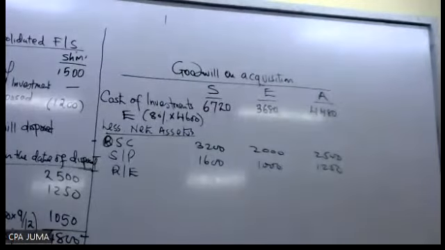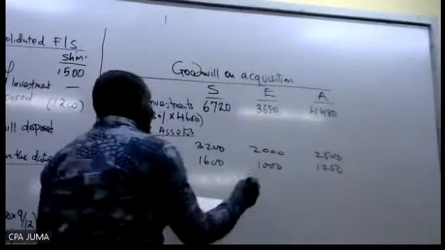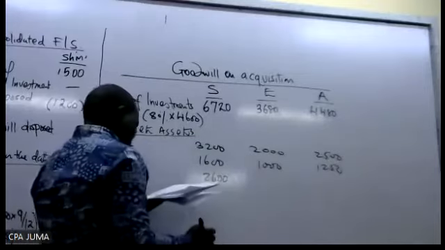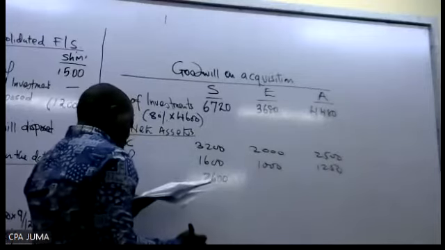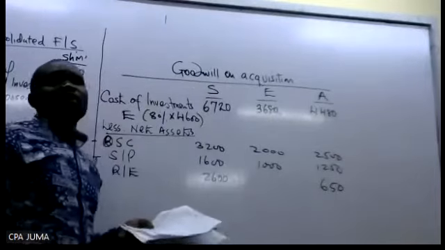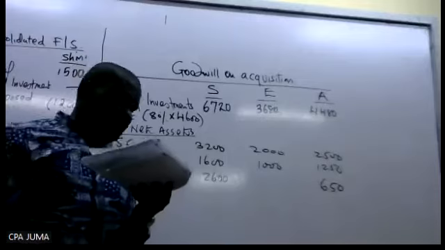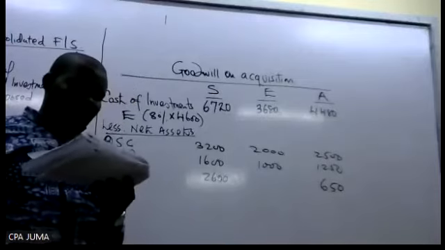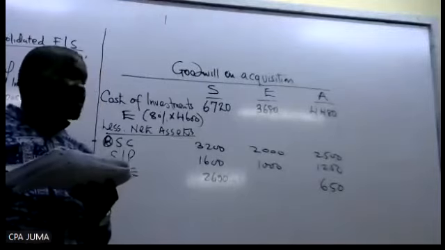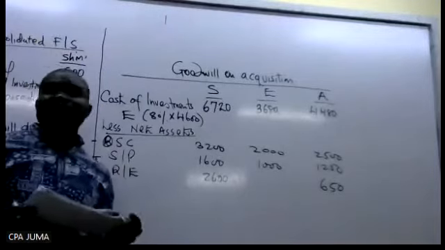In note 1, B acquired investment in S and A when the revenue reserve balances were how much? 2,026, and A was 650. Then note 2, the revenue reserve of E was 2,400 in 2010, and 2,750 in 2011. So which one are we using?